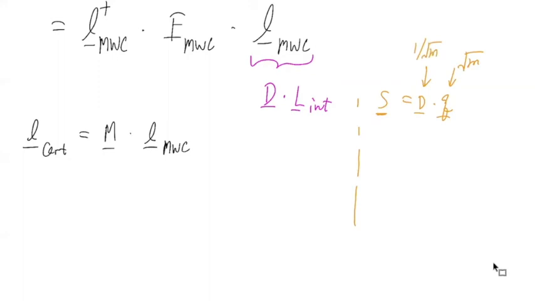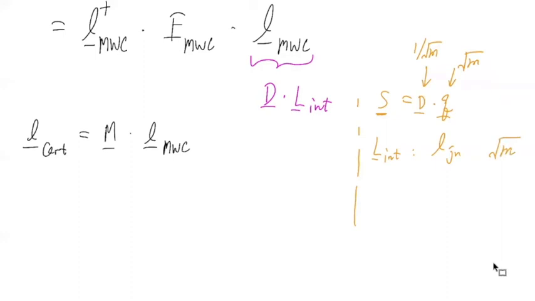So the internal coordinates are dimensionless quantities. And L internal coordinate, the matrix element is essentially the normalized amplitude, right? And the normalized amplitude has the same unit as the mass weighted coordinate. So in this case, L contains the unit square root of the mass.